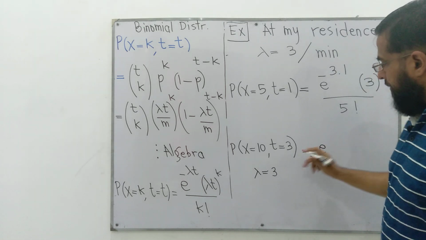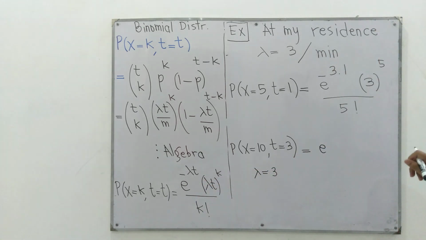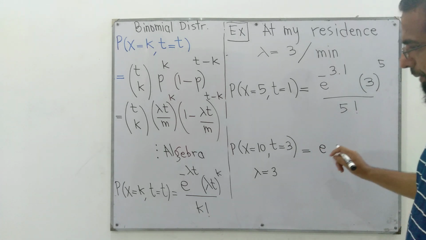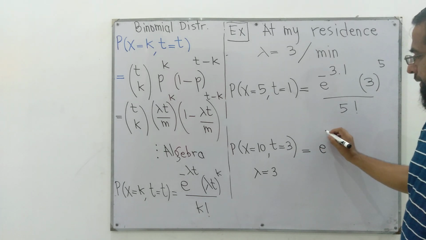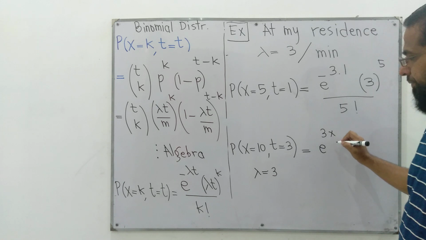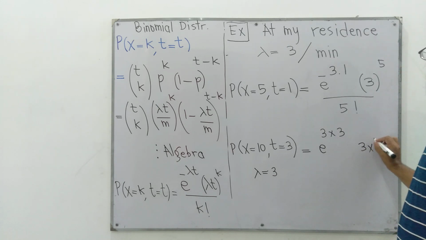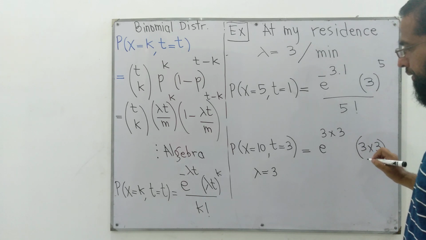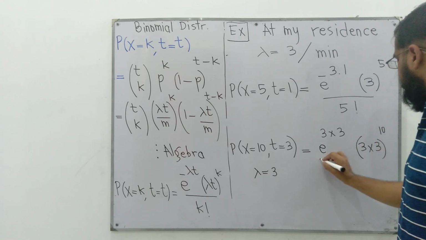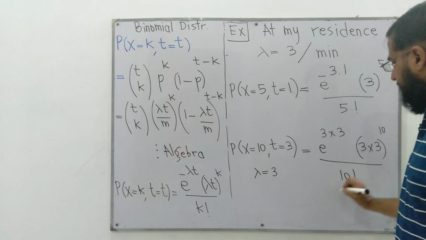So we'll put all these in the expression for PMF: e to the minus lambda t, 3 times 3, to the k, 10, over 10 factorial.